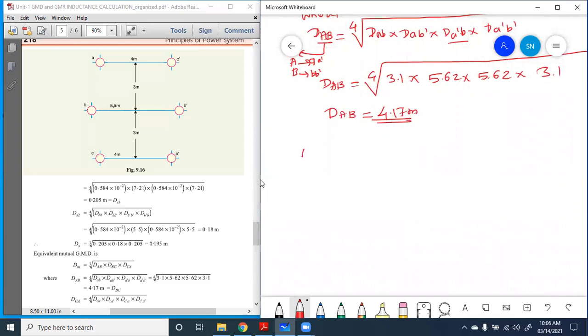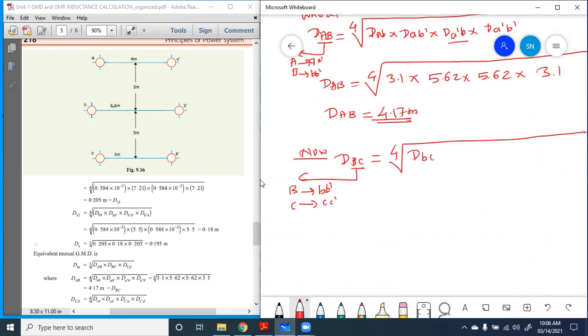Now similarly, distance BC, made up from two phases B and C. Again B is made up from B and B dash, C is made up from C and C dash. So what is the combination for mutual GMD? Fourth root of distance BC, BC dash, B dash C, and B dash C dash.